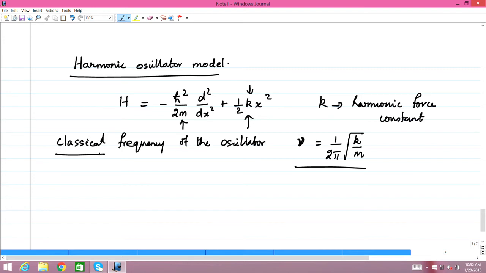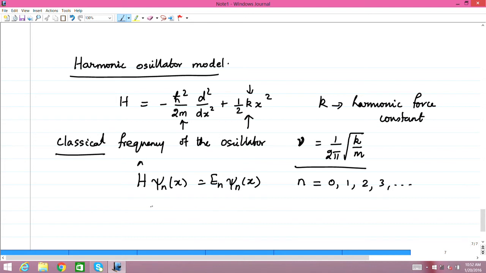What happens when you solve the Schrodinger equation for this system, with H psi n of x equal to E n psi n of x? You get again infinitely many energies, but one thing one should remember is that n can be 0, 1, 2, 3, etc. The integer n equal to 0 is also allowed.